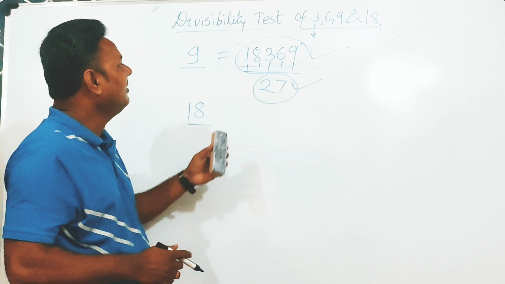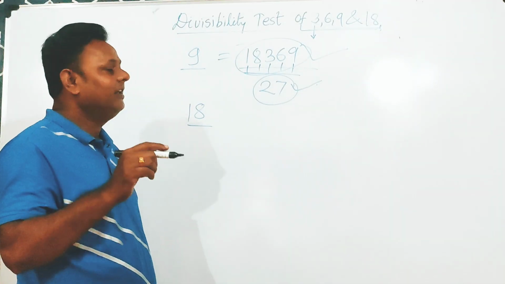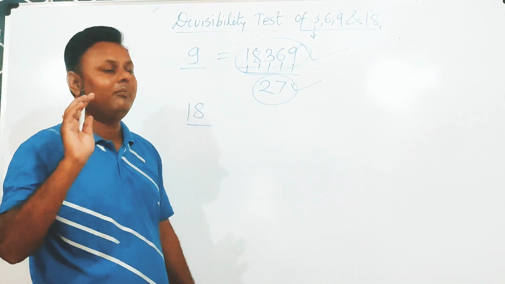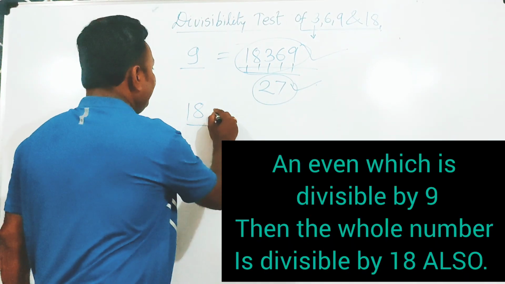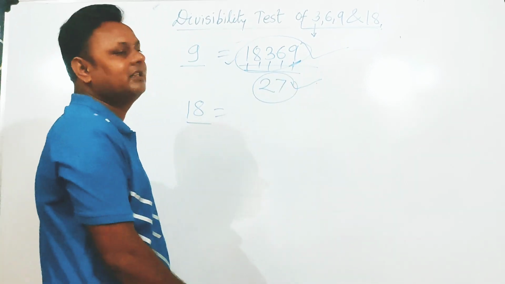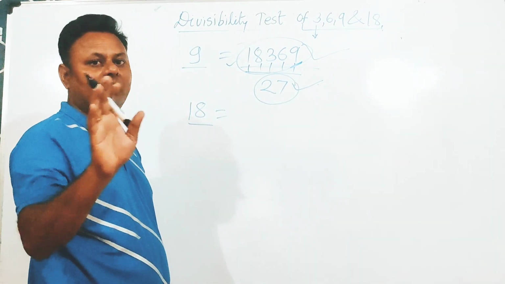If any number is divisible by 9 and is even, then the whole number must be divisible by 18. For example, the above given number is not even, it's an odd number. That's why that number is not divisible by 18.